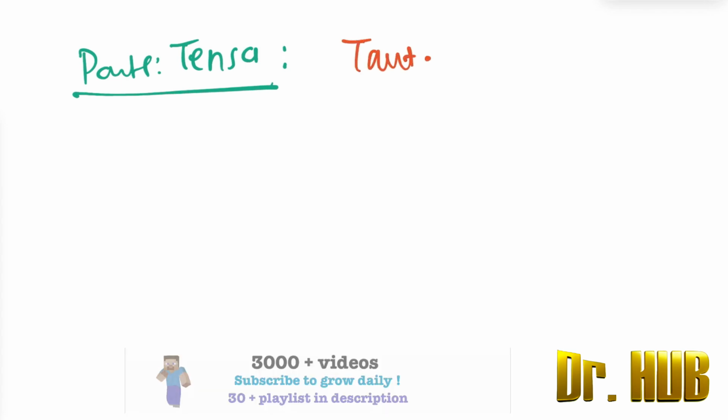Looking at the parts of the tympanic membrane, first there is the pars tensa and the pars flaccida. Let's look at the pars tensa. It is stout, and here the middle fibrous layer is well organized.